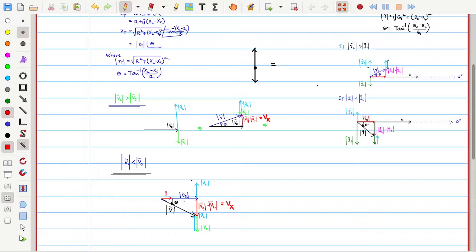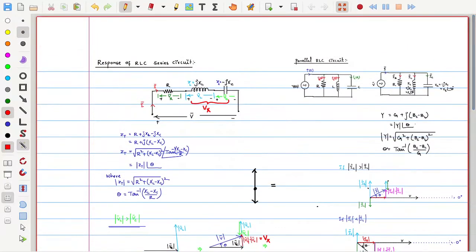So now in the same way, for a parallel RLC circuit, we had found the admittance. Admittance is represented by the letter Y. Admittance Y as G plus j(BC minus BL), where G is the reciprocal of the resistance, BC is the reciprocal of capacitive reactance, BL is the reciprocal of the inductive reactance.